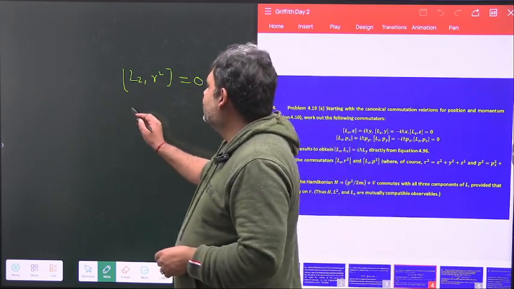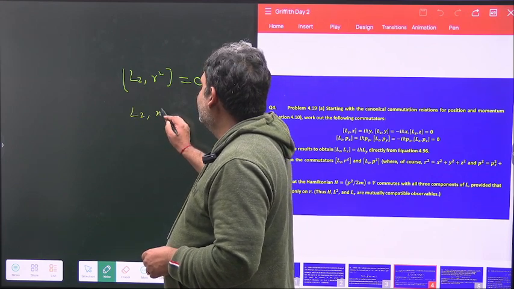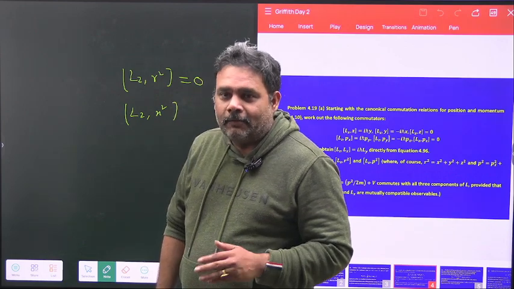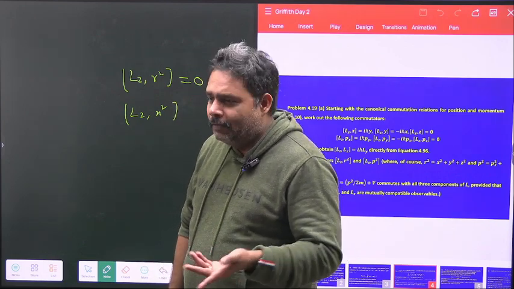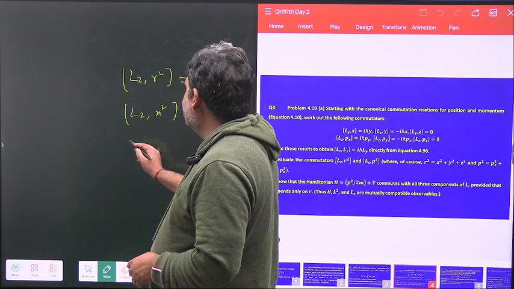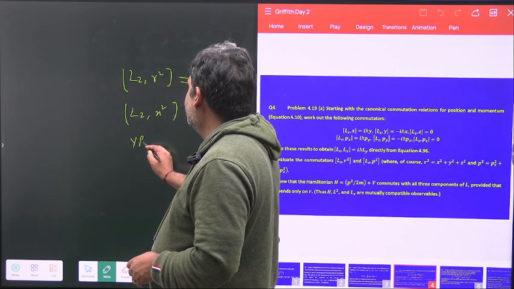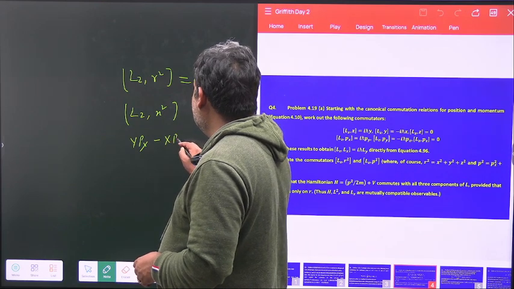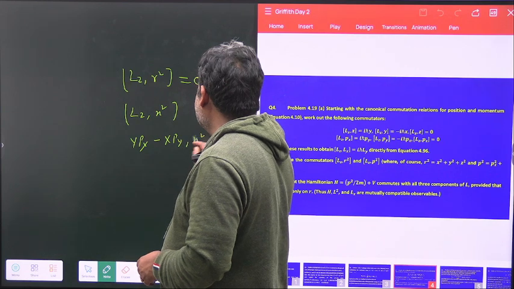Otherwise, you can just go for LZ x square. Similarly, you will go for LZ y square, and LZ z square will be 0. तो LZ x square करोगे तो क्या आ जाएगा? What is this? y px minus x py, and you have x square.